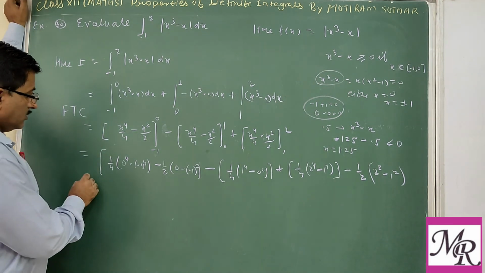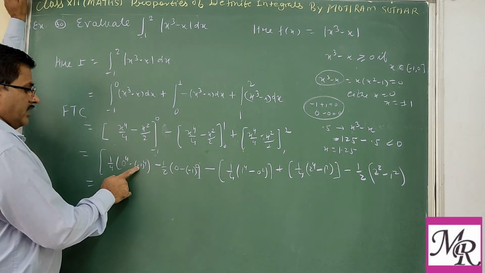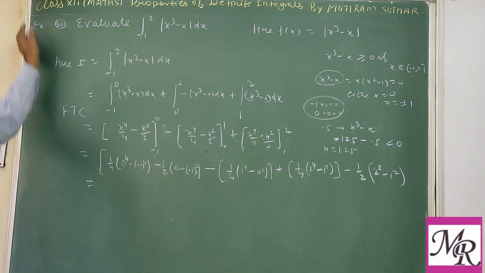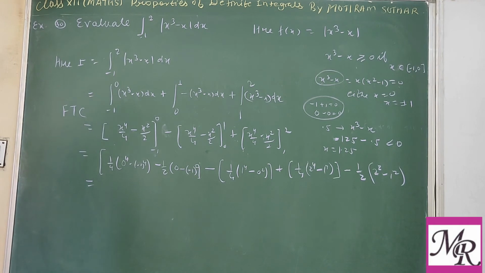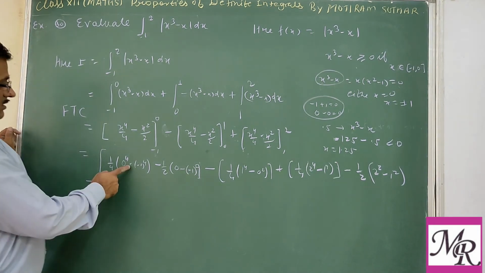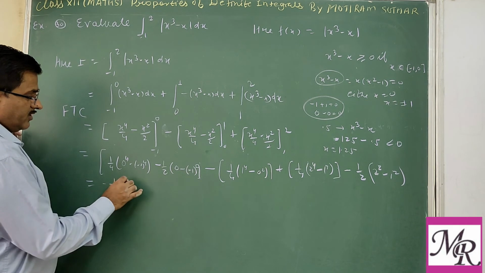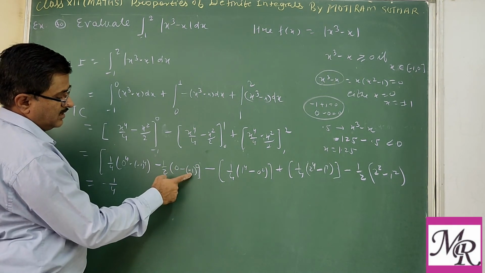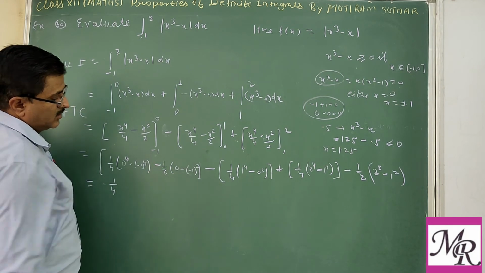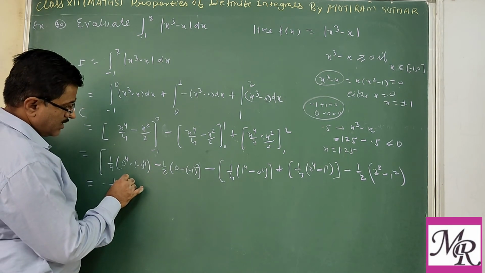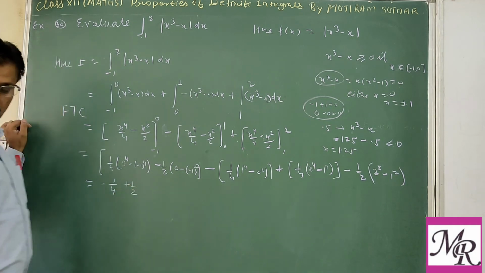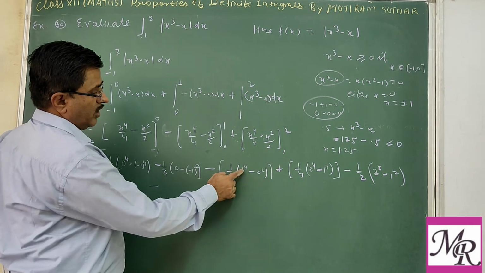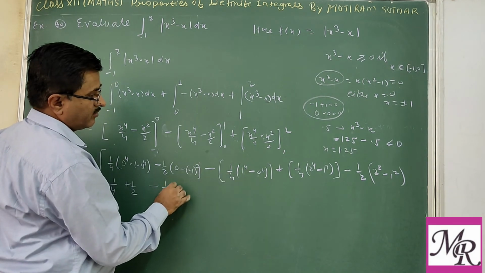So this is 0 minus minus 1 power 4, that is minus 1 by 4. So this is the first. Here minus 1 power 2, that is 1, with the signs giving plus, so that is plus 1 by 2. Similarly, minus 1 minus 0, so minus 1 by 4.